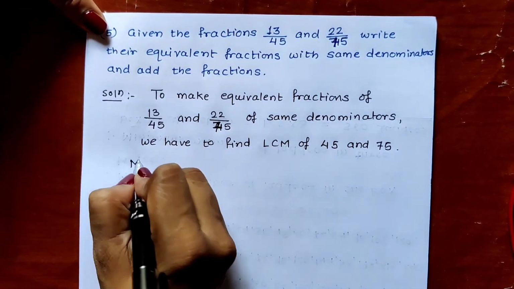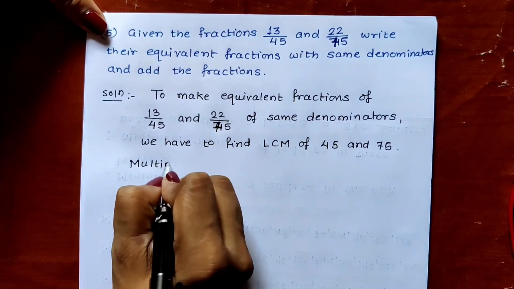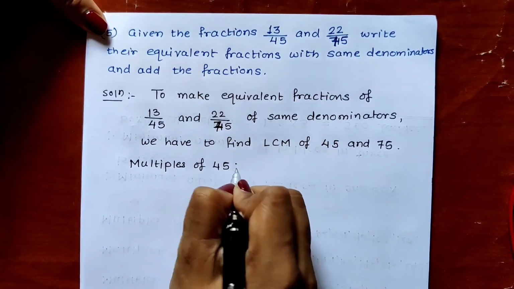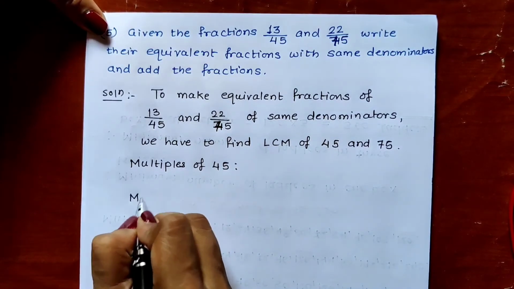So write the multiples of 45 and multiples of 75. You have to make the table of 45 and the table of 75.